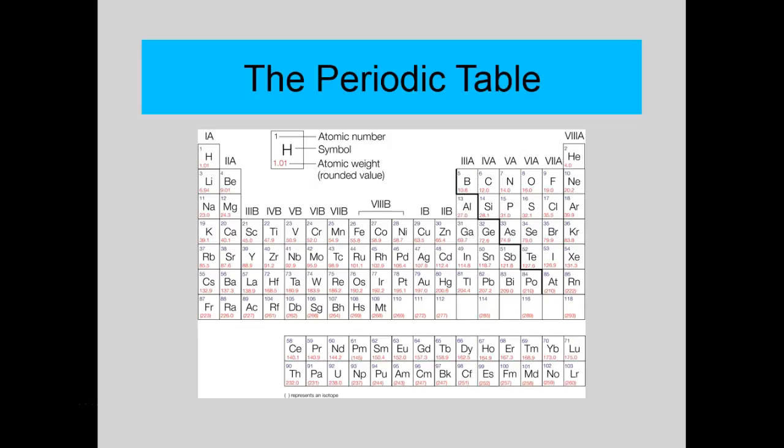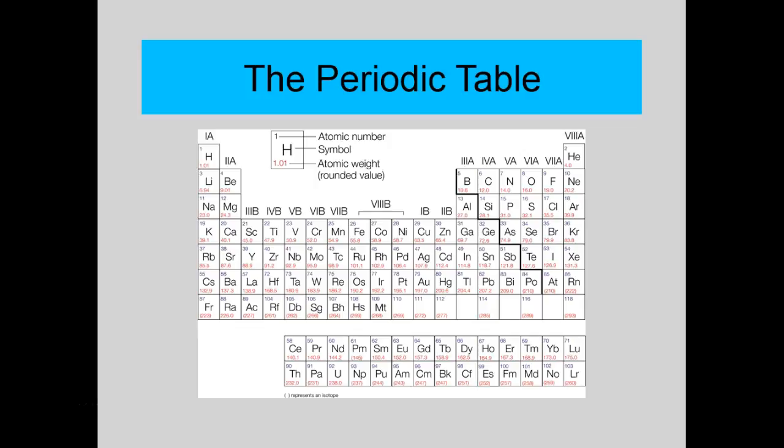Then you go to 7s, 2 here, and then you go to 5f, and these are them down here, and then you go up and start filling in the rest of them, which are your 6 d's and p's. And we don't have all these that we know of yet.